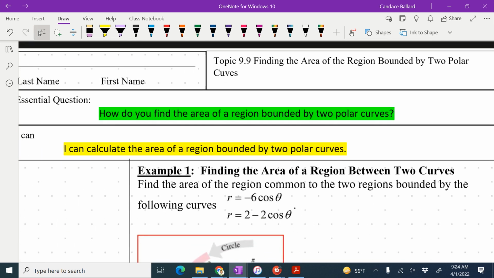Did we all get our essential question written down? Do we need a minute? Take a minute if you need it.